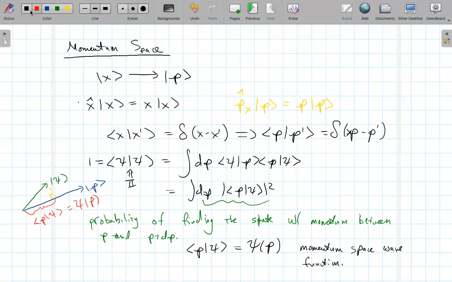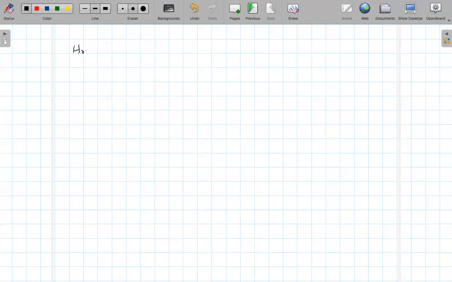So the next thing we want to talk about is how are these two spaces related to each other? So how is momentum space related to position space?